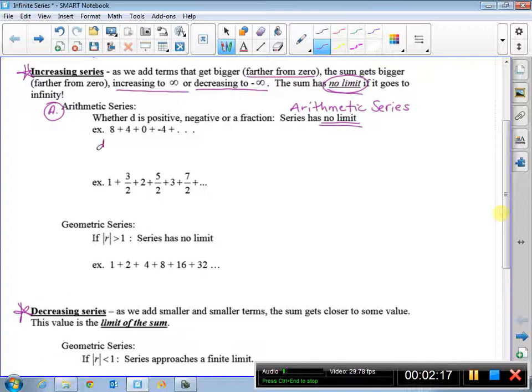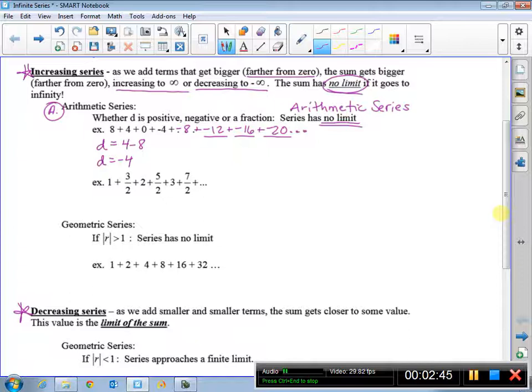In this first case, the d, the common difference, is 4 minus 8, so that common difference is negative 4. And we would have to add up 8, 4, 0, negative 4, negative 8, negative 12, negative 16, negative 20, etc. What you can see happening here is these negatives are getting farther and farther from zero.